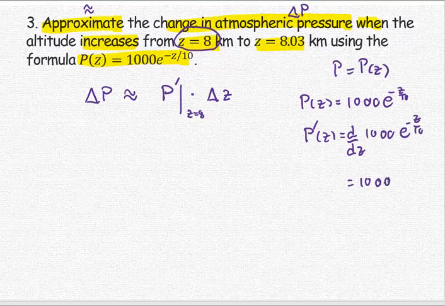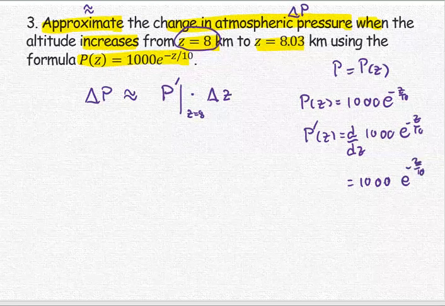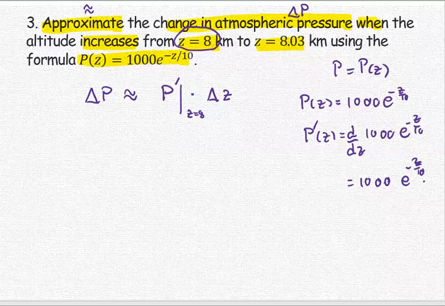E to the power is the same as e to the power, and then multiply by the derivative of the power, which is the derivative of the inner function, negative 1 over 10. Simplify to be negative 100 e to the negative z over 10.